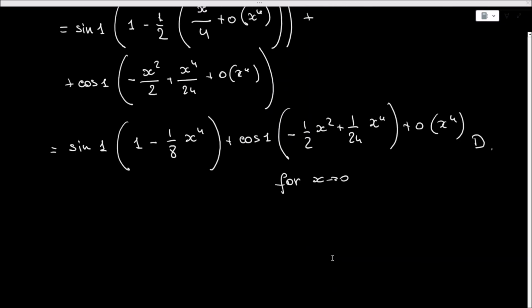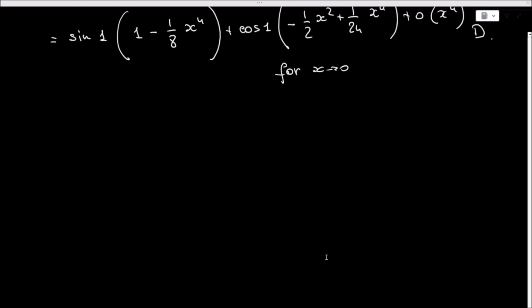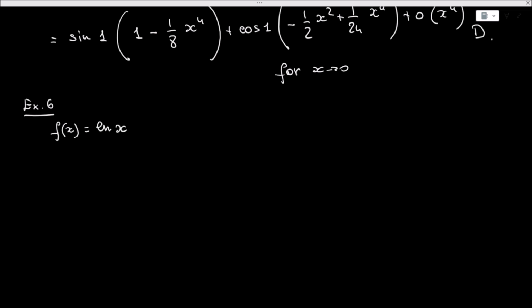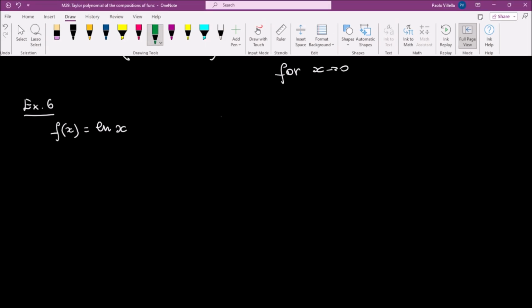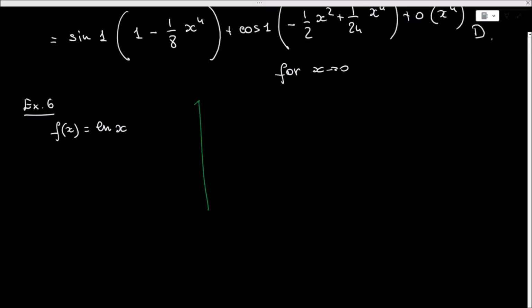Another interesting example of expansion is the following example 6. Let's suppose we want to expand f of x equal to the logarithm of x. And remember what is the diagram of the logarithm.